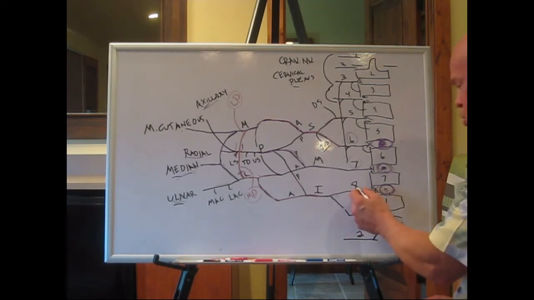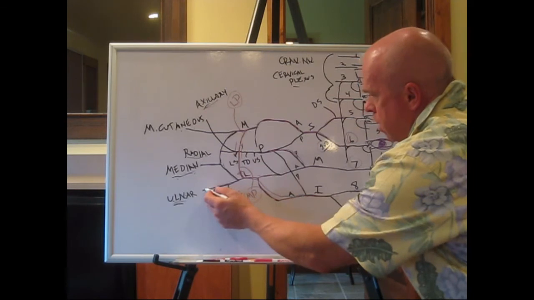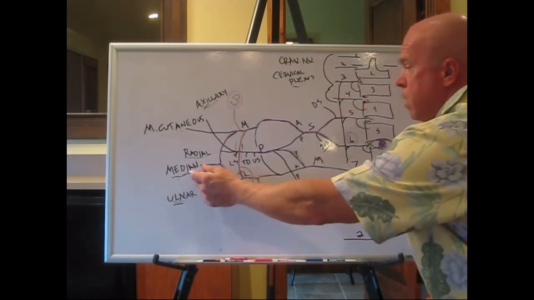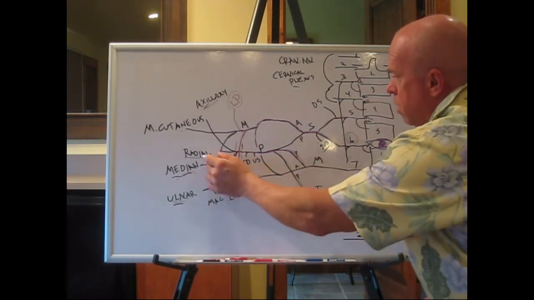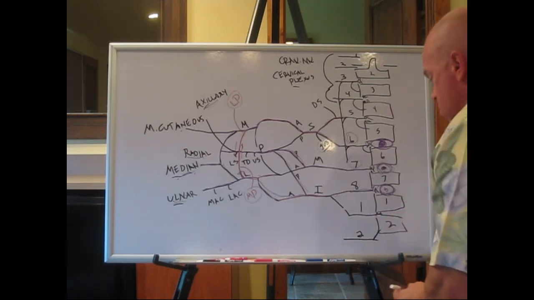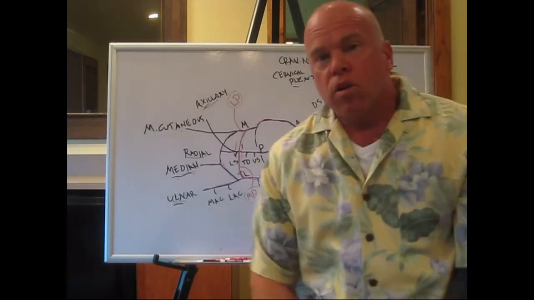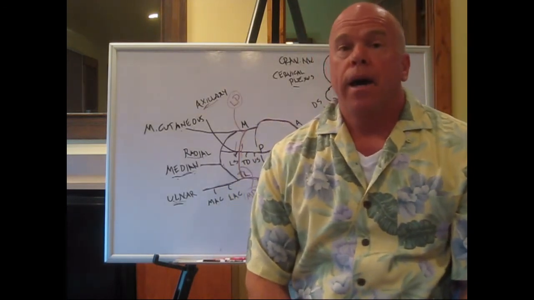Now we know that the majority of the C8 fibers travel to become part of the ulnar nerve, but also gives us some contribution to the median nerve, and then to a lesser degree through the posterior cord, the radial nerve as well. So the point of this discussion is to show you that the cervical spine nerve roots have wide and far-ranging distributions.